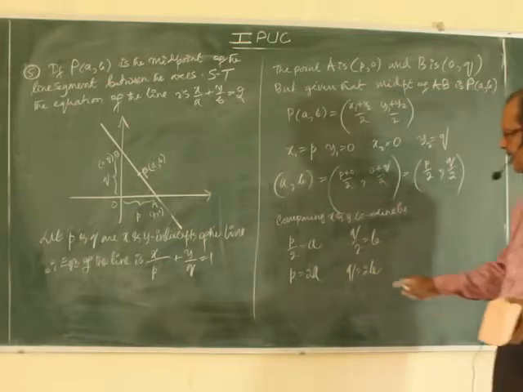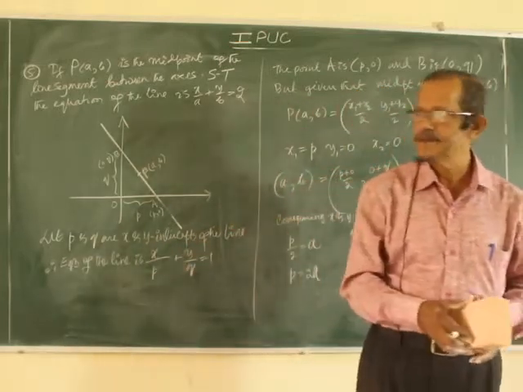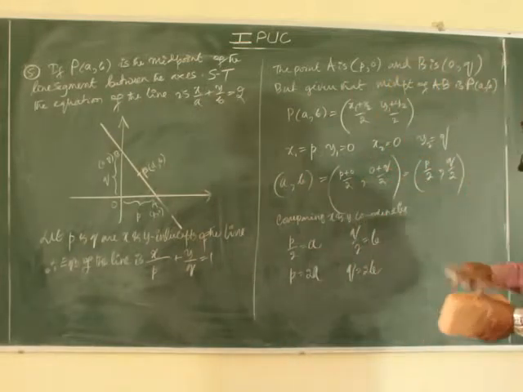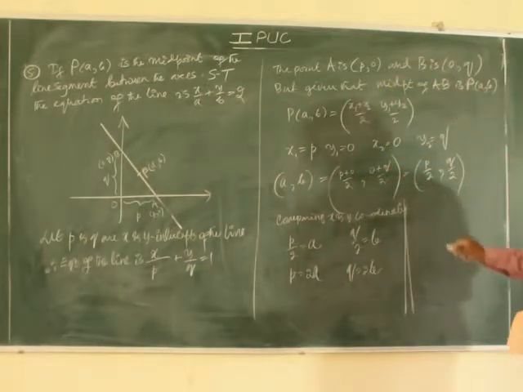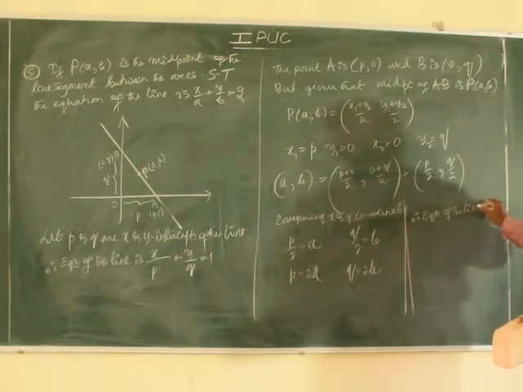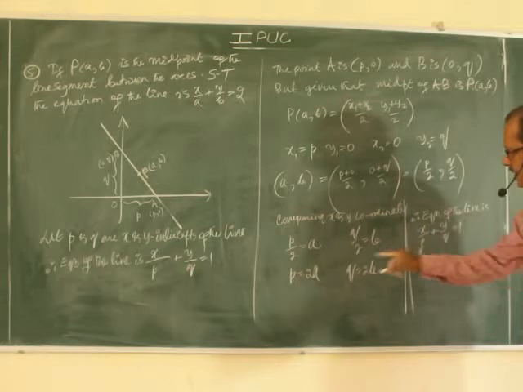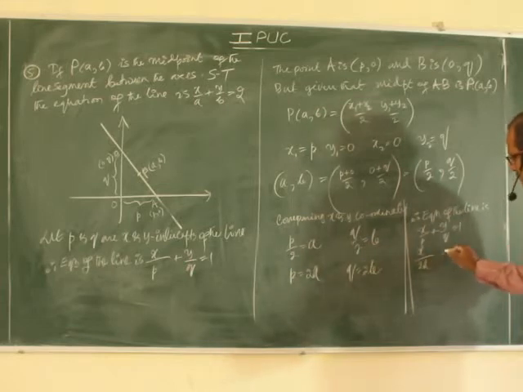After finding p and q, write the equation of the line. Therefore, the equation of the line is x by p plus y by q equal to 1, or x by 2a plus y by 2b equal to 1.